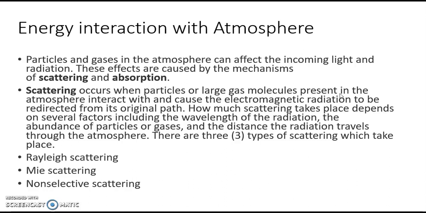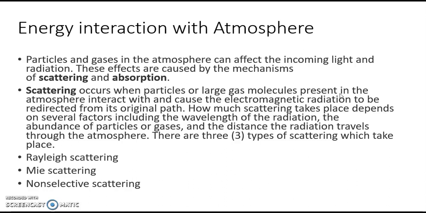Then how much will this scattering take place? That will depend on factors such as the wavelength of radiation, in what range you are sending the radiation, whether it is microwave, ultraviolet or infrared. So based on the type of radiation, the scattering also changes.